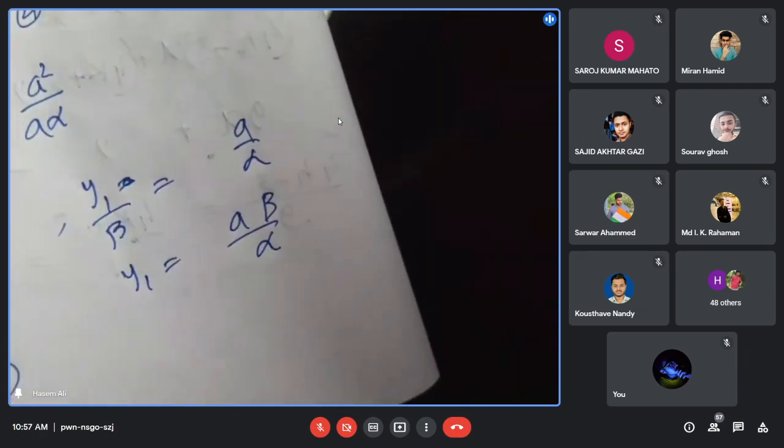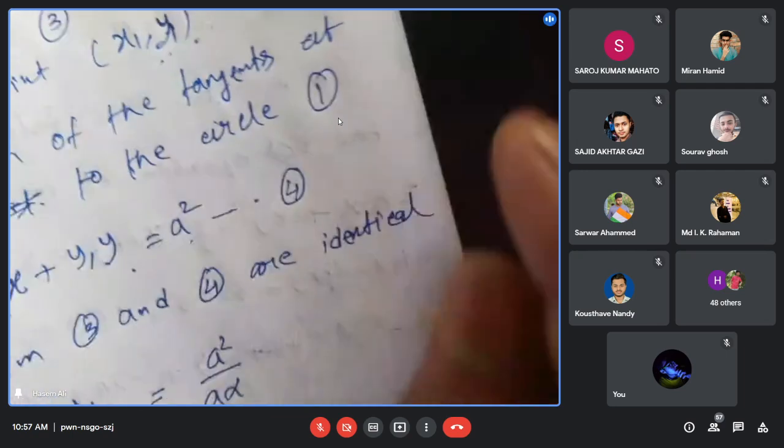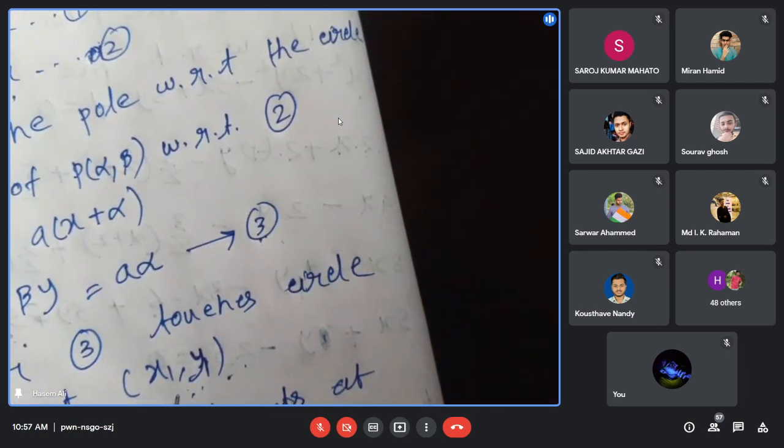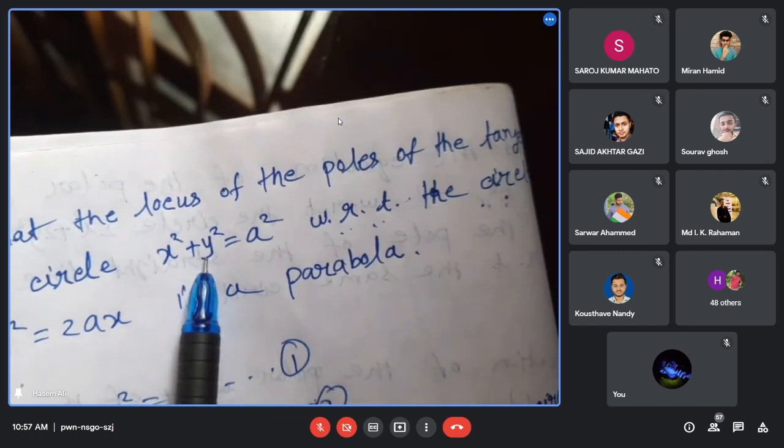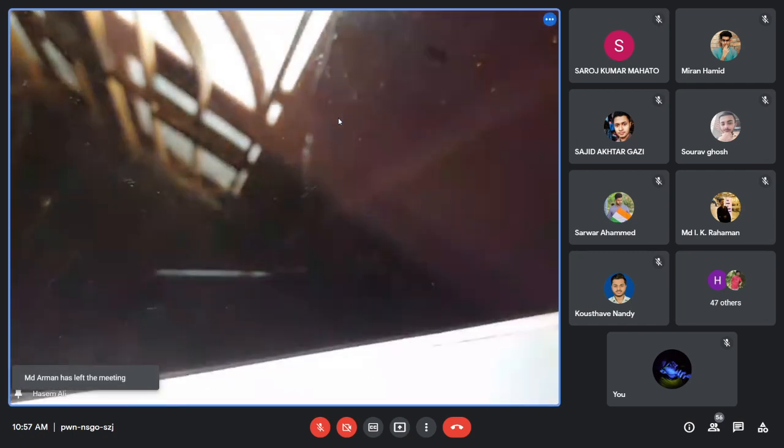Now this point x1 y1 lies on this circle.